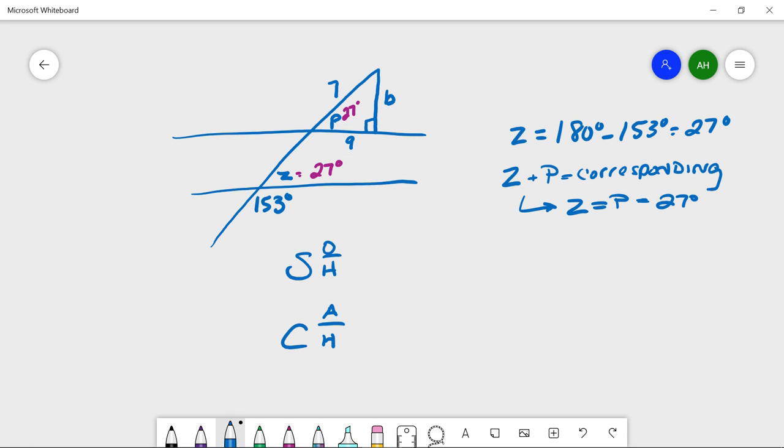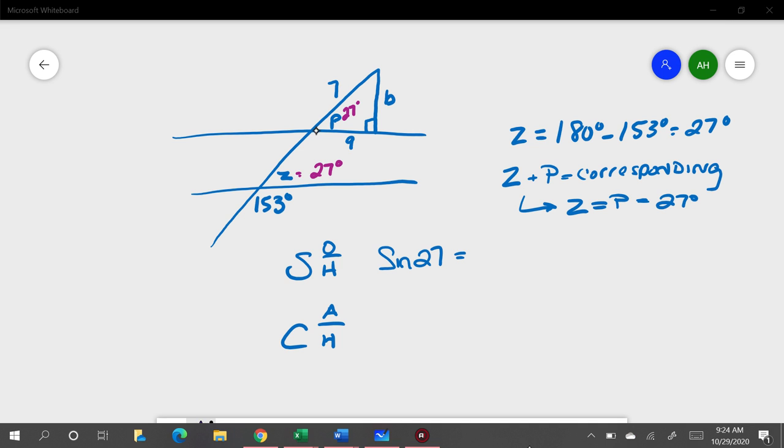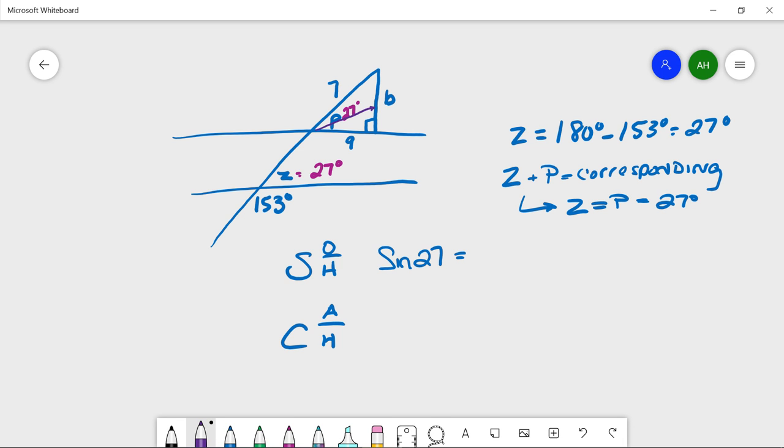All right, so the sine of 27 degrees is going to be equal to B, which is the opposite of angle P there. You see that? Here's P, this 27 degrees, and B is the opposite. Okay, so we're going to have B over the hypotenuse, which is 7.